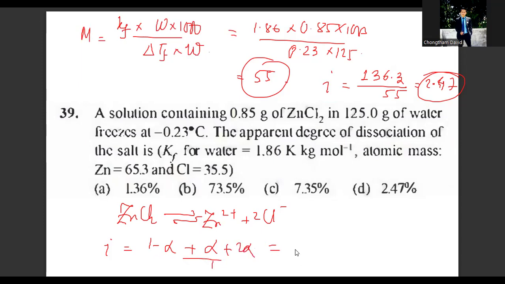We initially got this as 2.47. So what is the value of alpha now? Subtract 1 from this, and you would get alpha as 0.735. Multiply with 100, you get 73.5. So approximately 73 would do. The answer for question 39 would be C. I hope it's clear and understood.